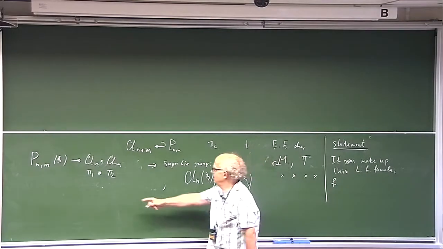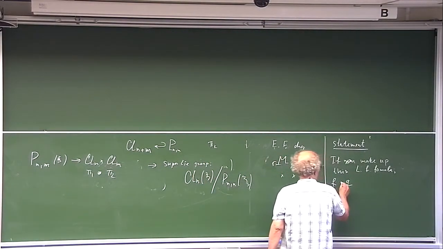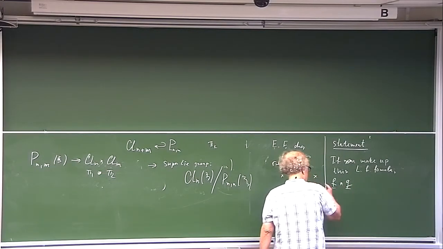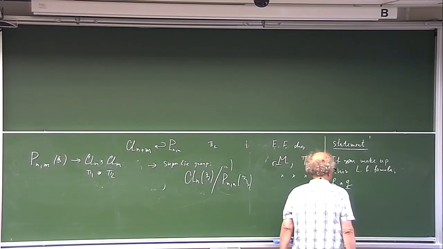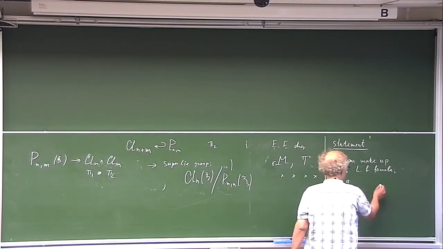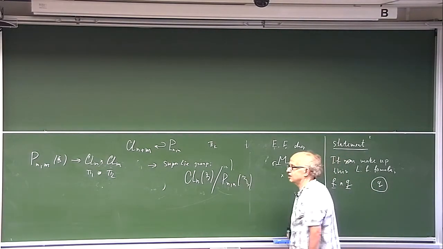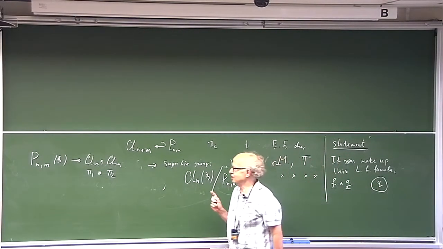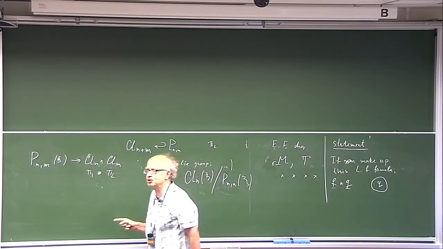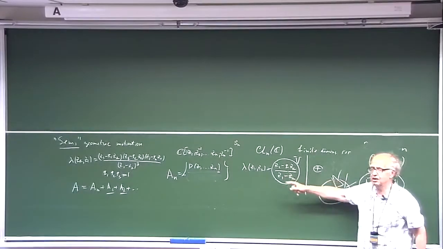I have the character of this, it is g. And as a result, it has to be a symmetric polynomial in n plus m variables depending on q. And the statement is that the Lefschetz fixed point formula gives us precisely the shuffle product in this special simple case.